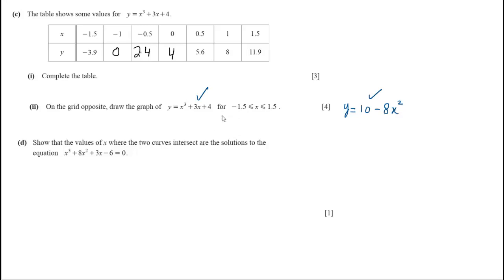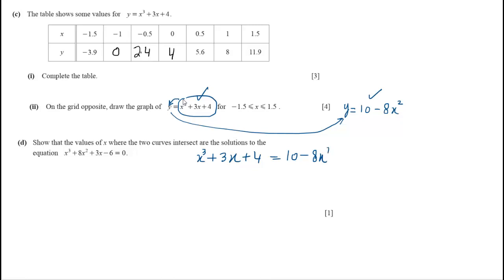So if those two values are the solution of these two functions, we can write them like this. Let me write this y. This is the value of y, and I will put this y here: x cubed plus 3x plus 4 equal to 10 minus 8x squared.